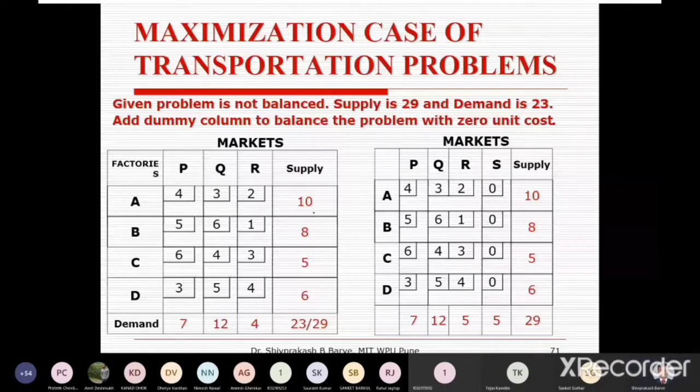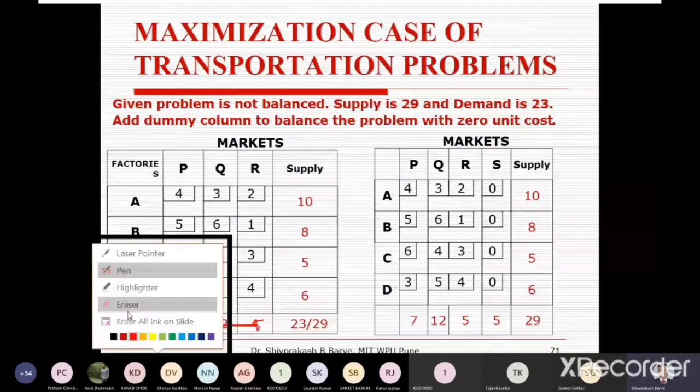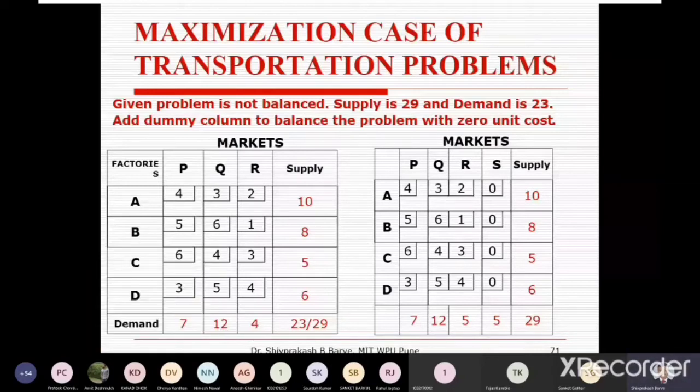Now take the count for all the supply. Here the supply is 29 tons and demand is 24 tons. So there is a gap of 5 tons between supply and demand.